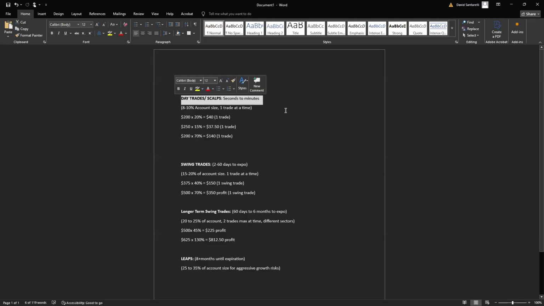So your day trade scalps, you're in it for seconds to minutes, 8 to 10% of your account size, one trade at a time. So like I said, $2,500 account, 8% is how much? $200. 10%, $250. So if you have a $2,500 account, that should be the size of the trades that you're making. And you're looking at a $200 trade, multiply that by 20% profit, you made $40.